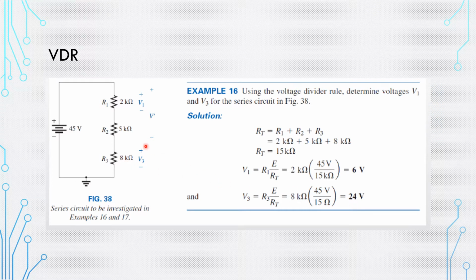24. Okay, what about R2? How to find it? You can apply the same formula, and you can see that it's equal to 15 volt. This is the right answer if you want to find V2 by yourself.